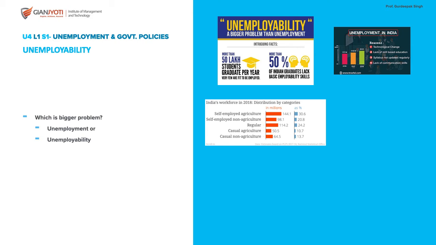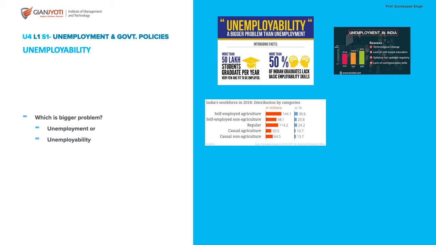Now, if we look at the 2018 distribution by categories of the workforce that we have, around 30.6% is self-employed agriculture, and casual agriculture is 10.7. So almost 41 to 42% of the workforce is in agriculture.